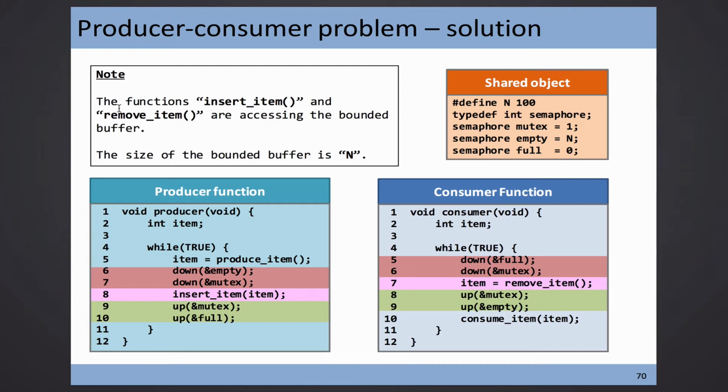So you may guess which semaphore is going to protect this paint part and also this paint part, since they are touching the data structure. So how about the remaining two? The remaining two have a very special property. They start with different values, not one, but the size.